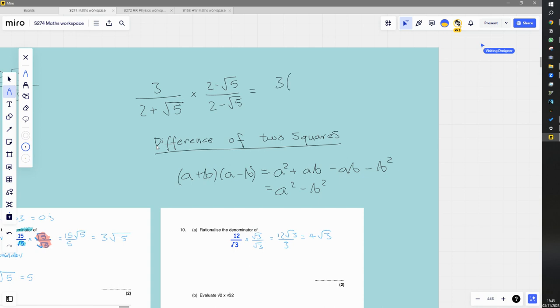It's going to be 2 times 2, which is 4, plus 2 root 5, minus 2 root 5, and then root 5 times root 5, but one's negative, so it's going to be minus 5.